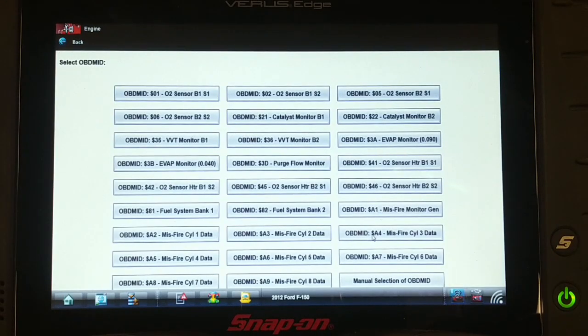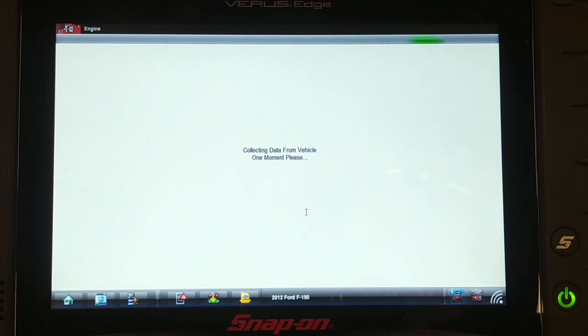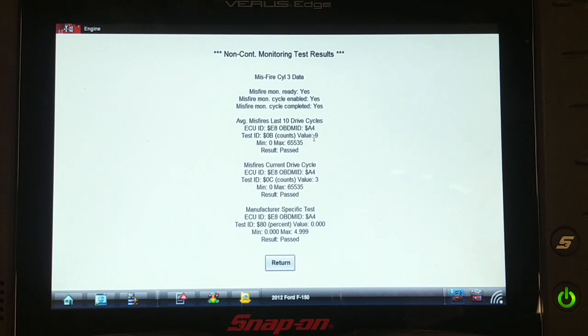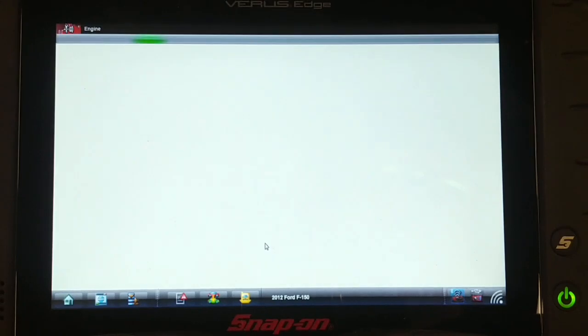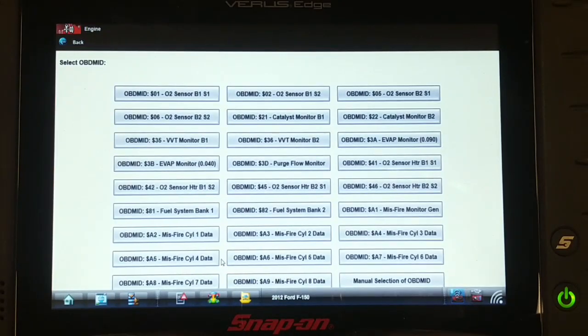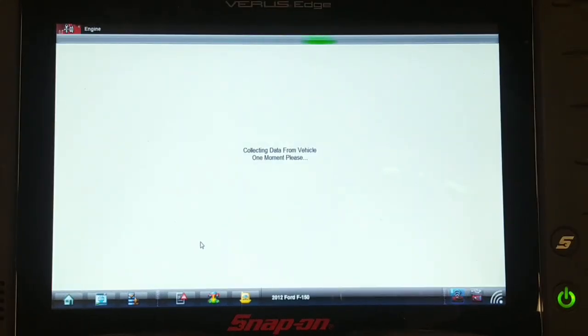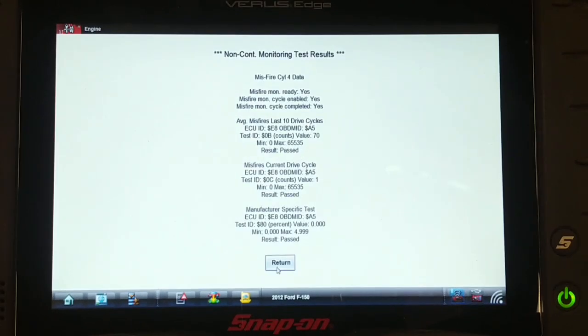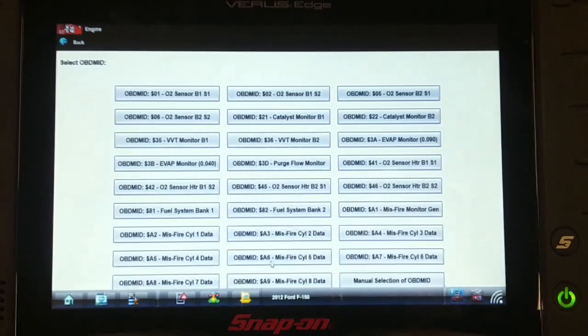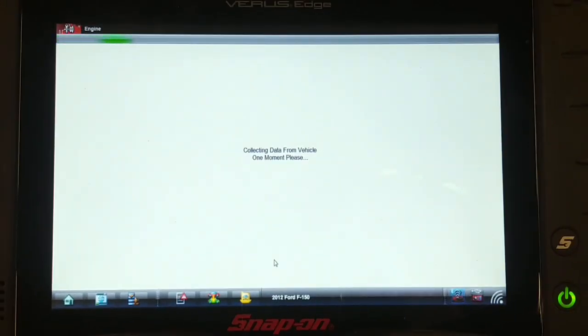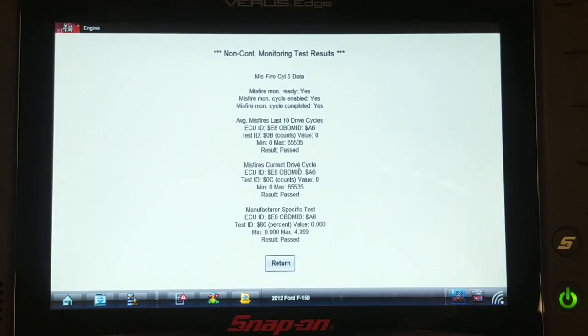Misfire on cylinder 3. Last 10 drive cycles, 9 misfires. Current drive cycle, 3 misfires. Misfire on cylinder 4, 70. Cylinder 5, 0.